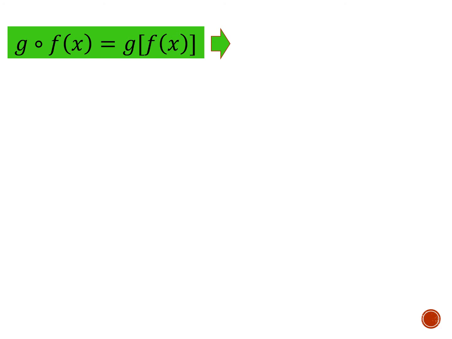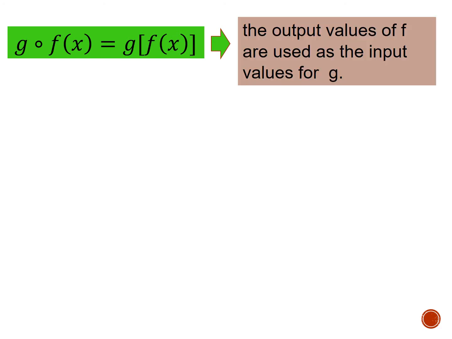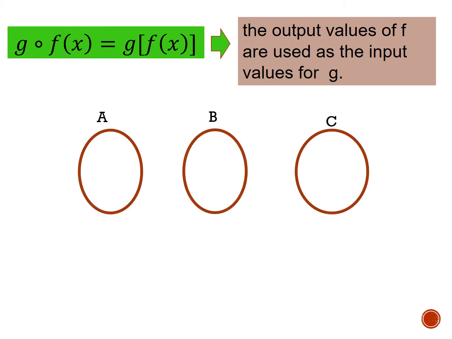Similarly, we define g of f(x) equals g(f(x)), meaning that the output values of function f are used as the input values for function g. This can be represented in an arrow diagram.